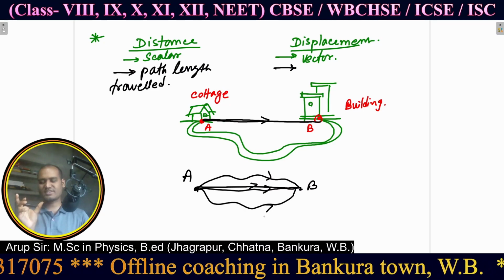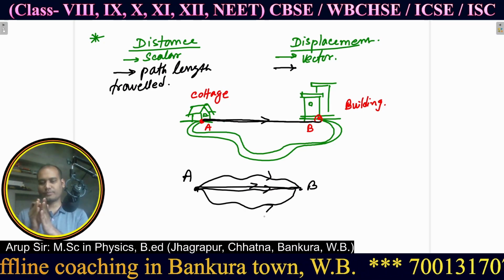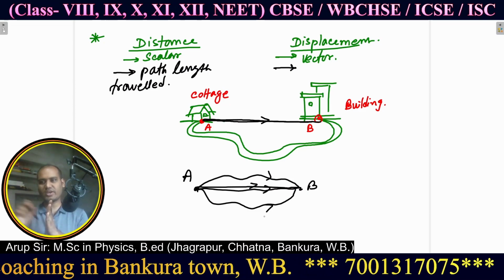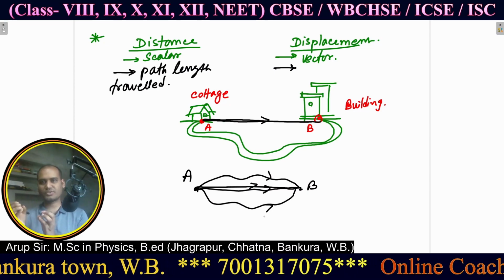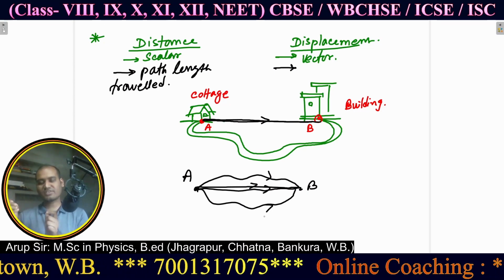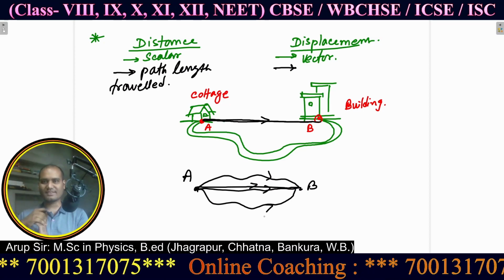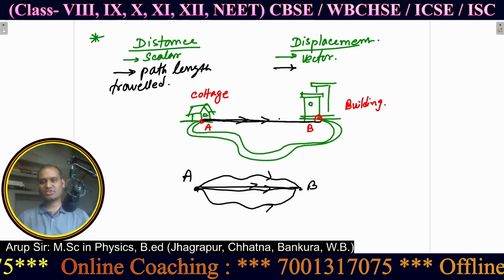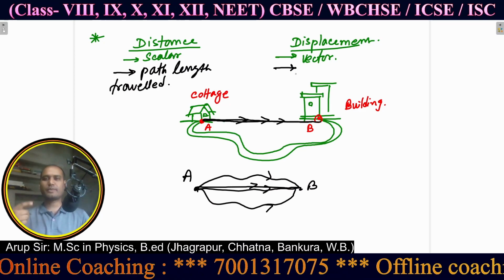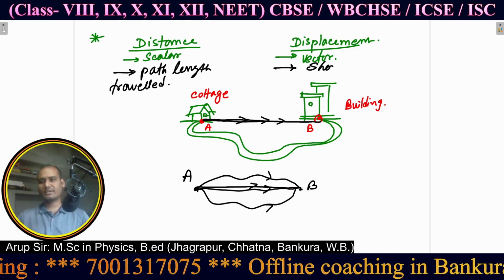But the shortest length, or the minimum path length, is when you are moving from A to B by the straight road. It will be the simplest one and the shortest path. So that shortest path length or shortest distance is known as displacement. When you are moving by this straight road, that path is known as displacement.